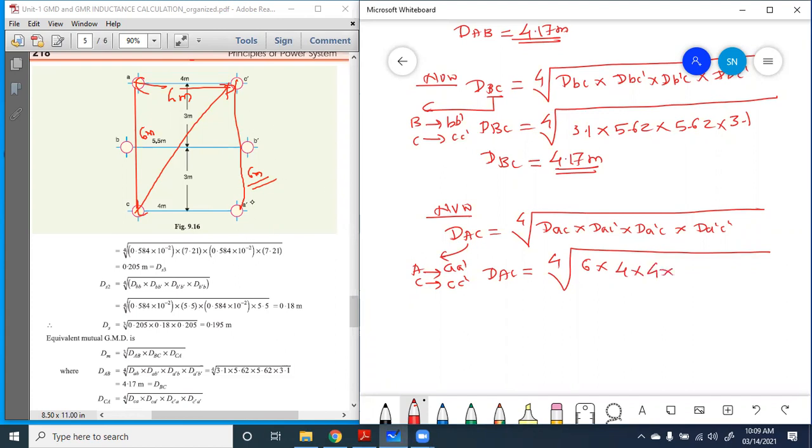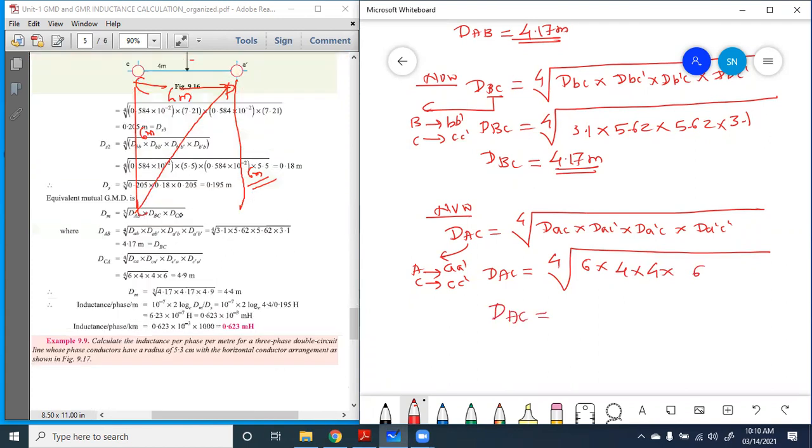And what is the distance A dash C dash? Again 6 meter. So DAC is equal to, after calculating on the calculator, the final answer becomes 4.9 meter. All calculations must be in meter.